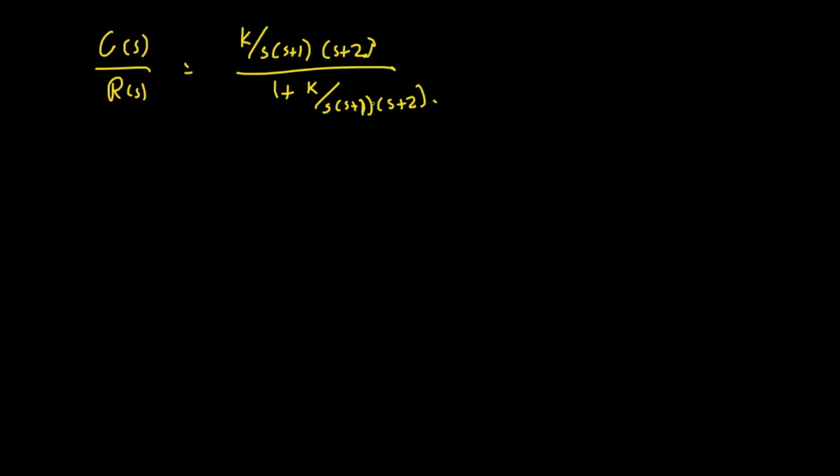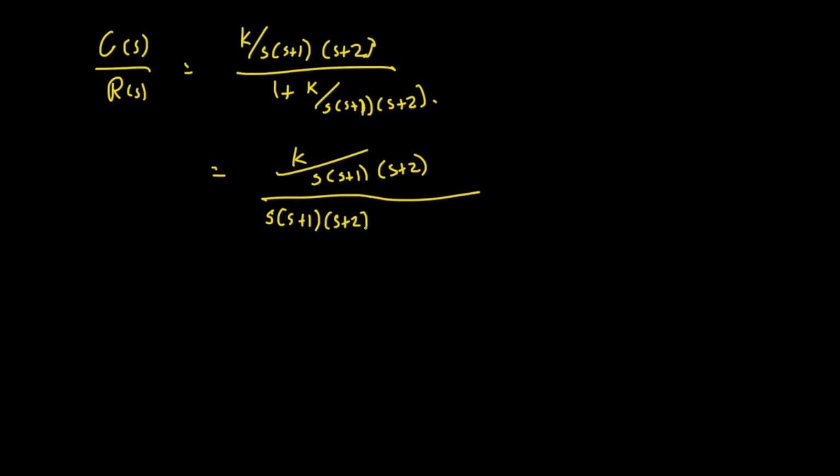From this, in the denominator, instead of 1, I can write it as s times (s + 1) times (s + 2) divided by s times (s + 1) times (s + 2).